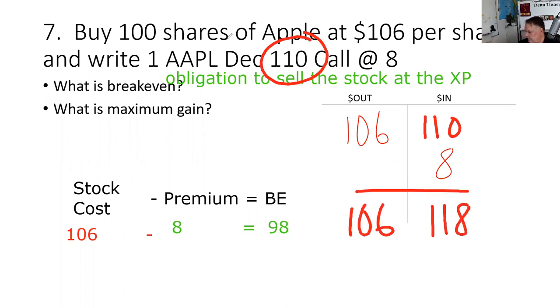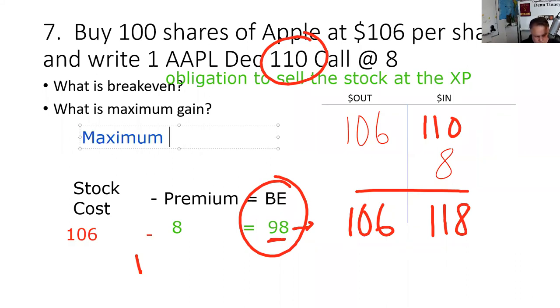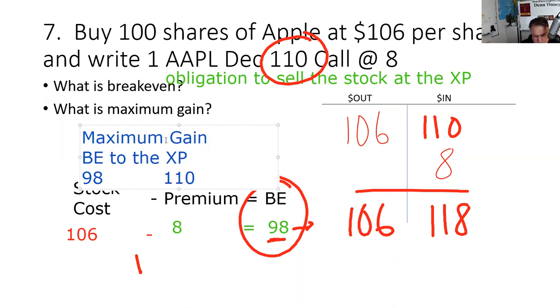Another way to think of that is the most you can make is the break even to the strike price. Here, the break even is 98, and you've got to give up that stock at 110, and so the most you can make is that 12 points.